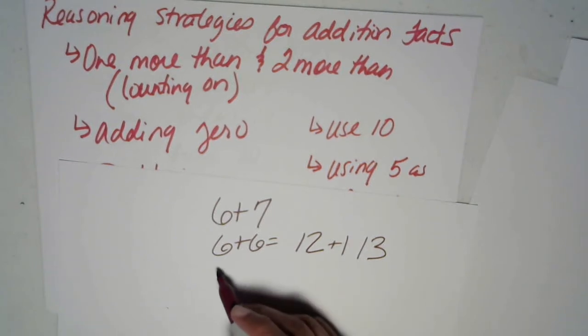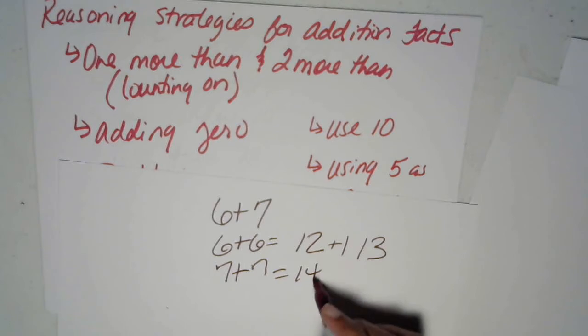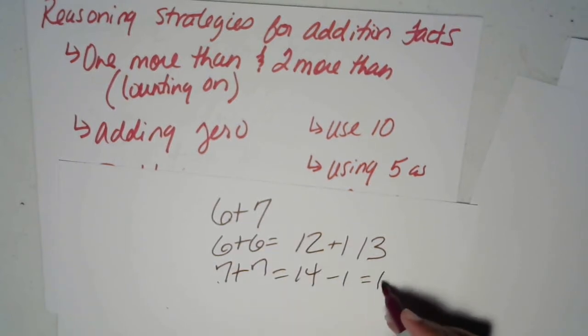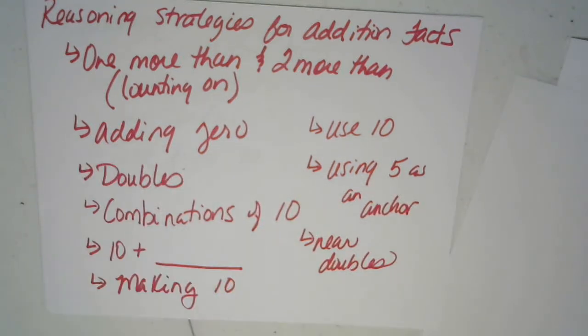You could also do it the other way around: 7 and 7 equals 14, and this is one less, so 13. These are all things that can be done with mental math, because we spend a lot of time in K through second learning doubles and near doubles. That's another strategy that students will learn.